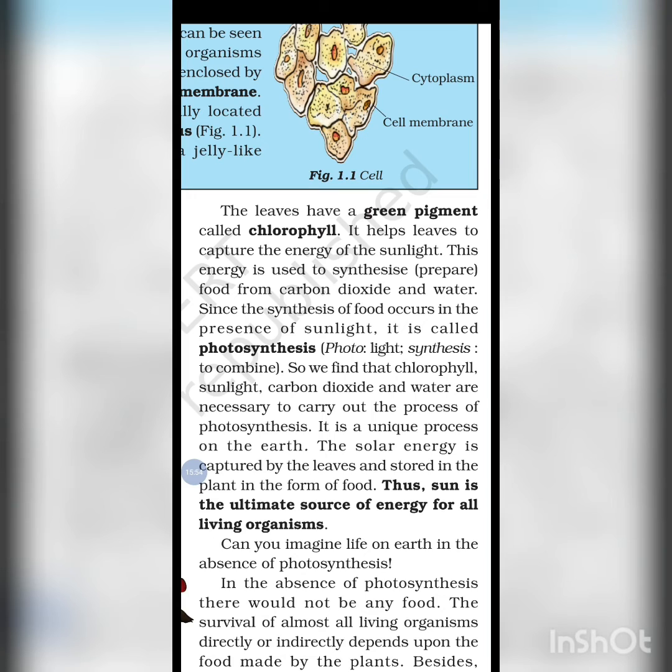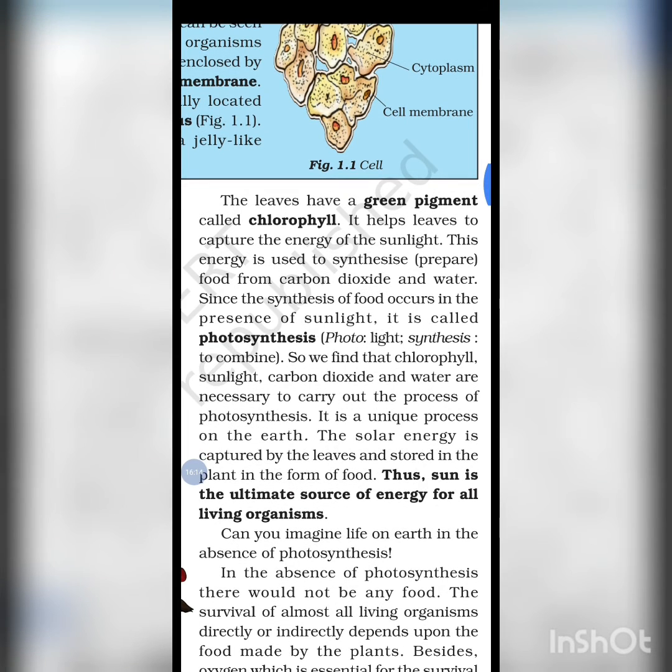The leaves have a green pigment called chlorophyll. It helps leaves to capture the energy of the sunlight. Now, it is said that only leaves have chlorophyll. What is the color of chlorophyll? Green, because it has a green pigment, so its color is green and it is called chlorophyll.